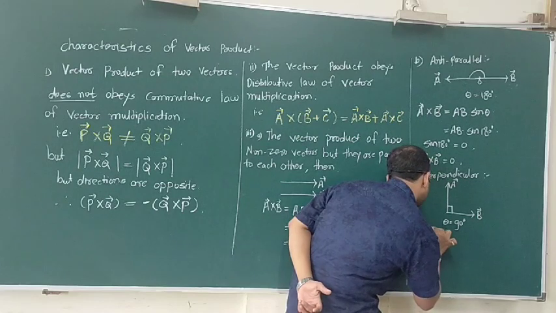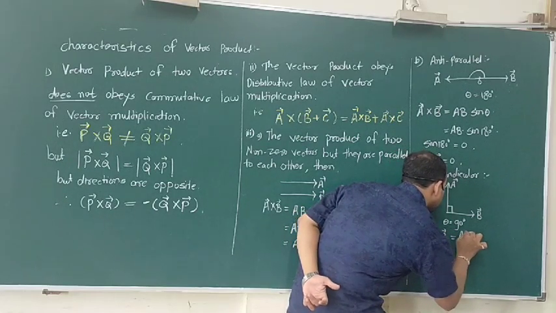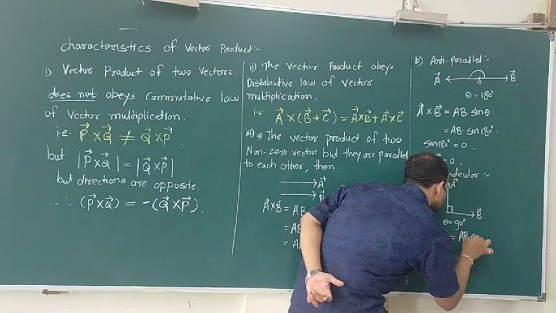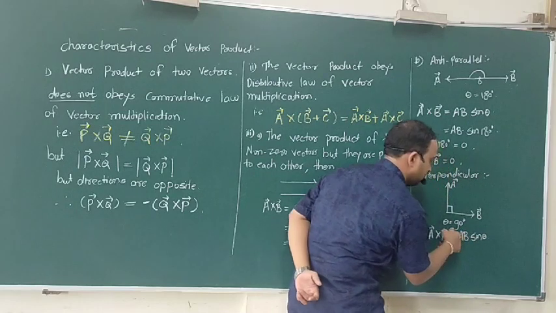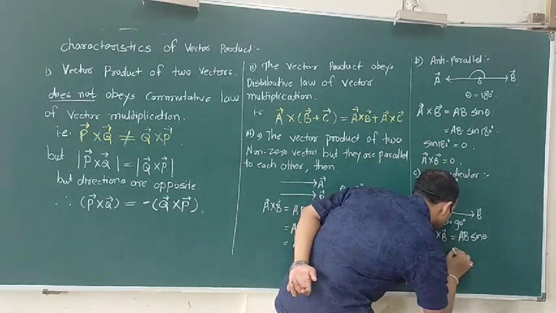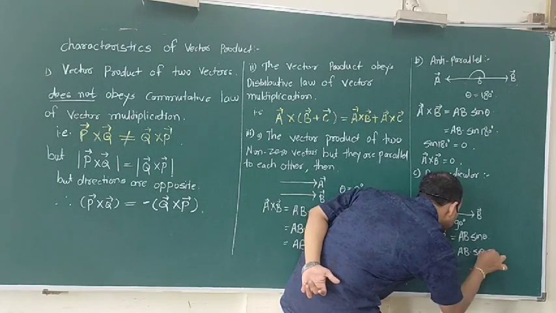Therefore according to the definition, a bar cross b bar is equal to ab sin theta. Here theta is equal to 90 degree. So we get ab into sin 90.